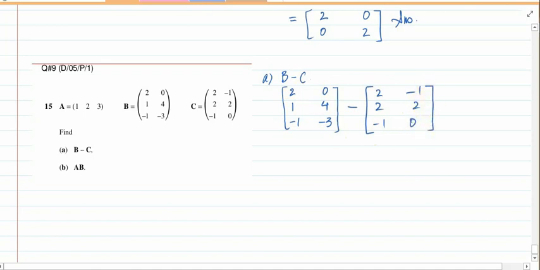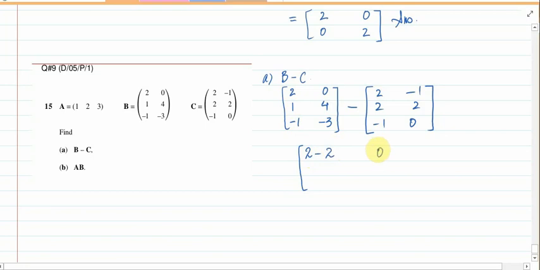Right? Keep in mind what the condition was to add or subtract matrices. The order must be equal. You can see that the order of both matrices is equal. That means we can solve it further. So the first element is 2 minus 2.